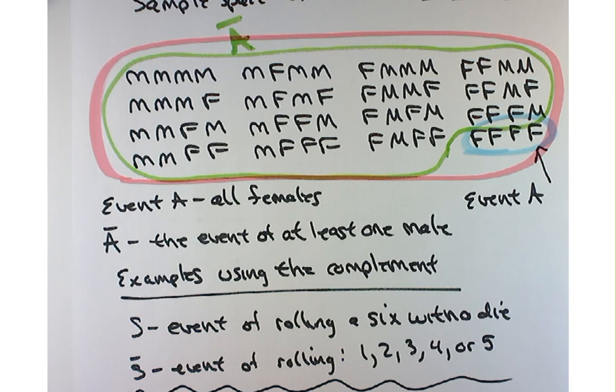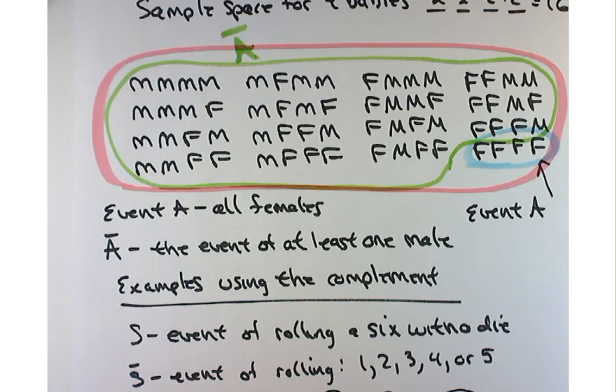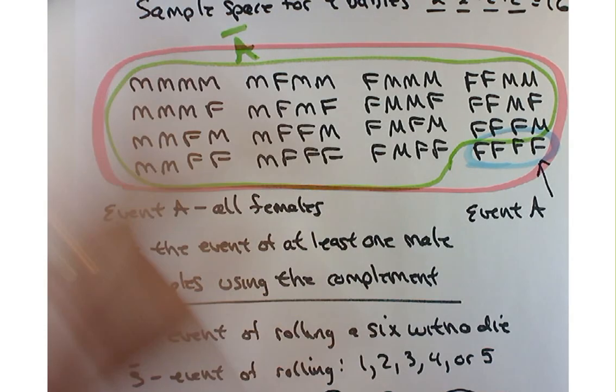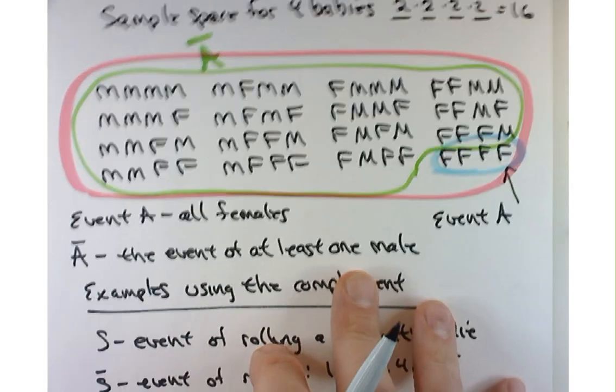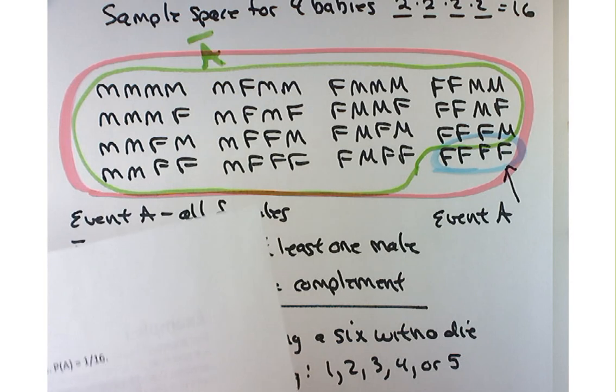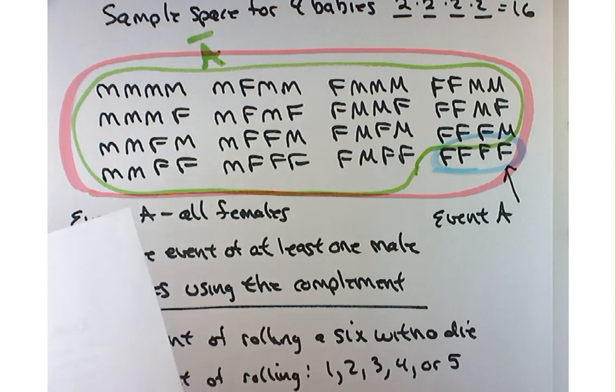Okay. Now, we can use that idea of A and A bar in the following way. Before I move on, are you okay with the idea of an event and its complement? Doing all right there?